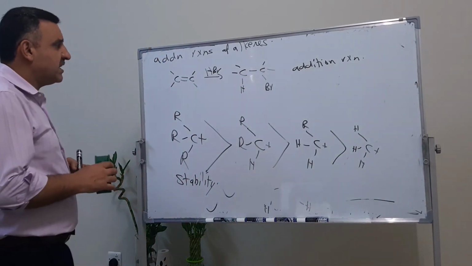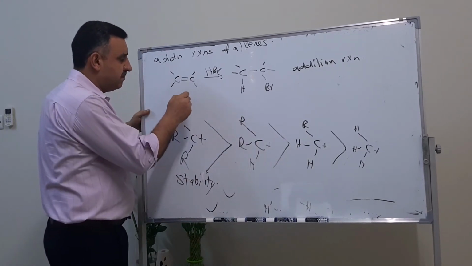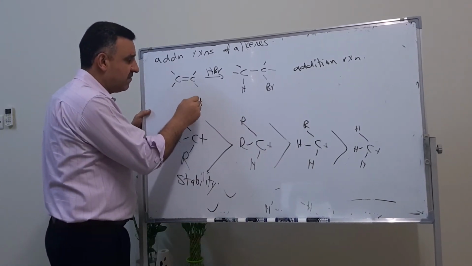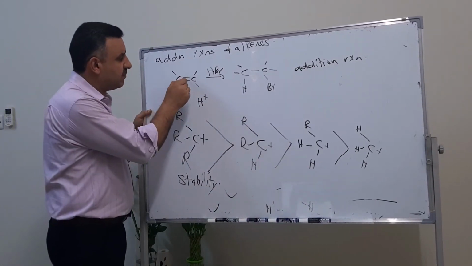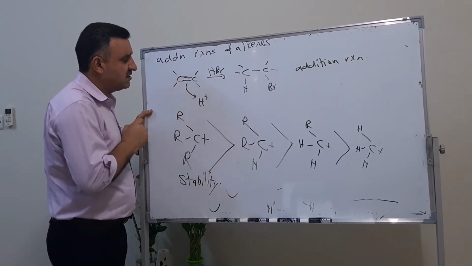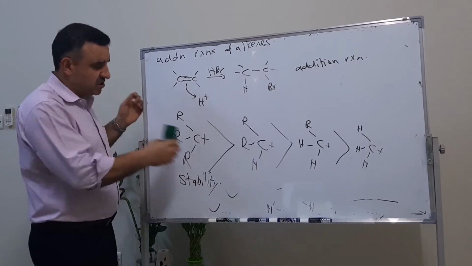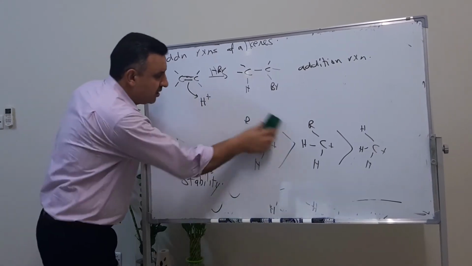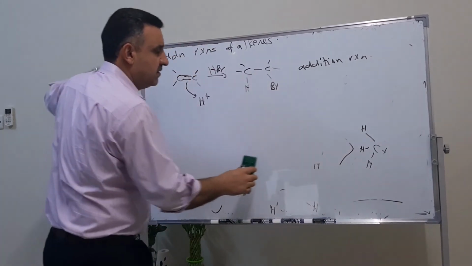Now the mechanism of the reaction. It's very simple actually. It's like an acid-base reaction first, where we have the carbon double bond carbon, and the pi bond here will be used to make a bond with the hydrogen. Please remember this because I don't have space, so I need to erase it and then we come back to it later on.